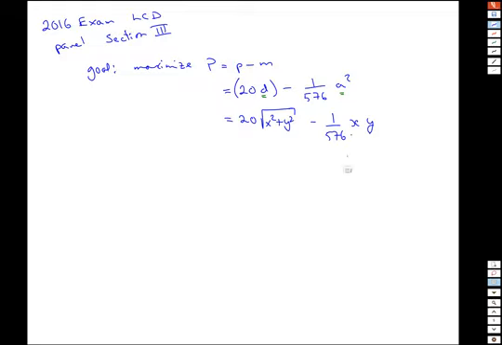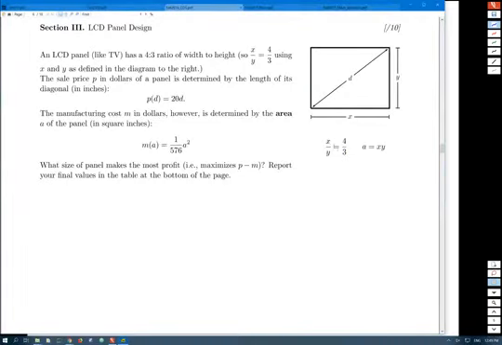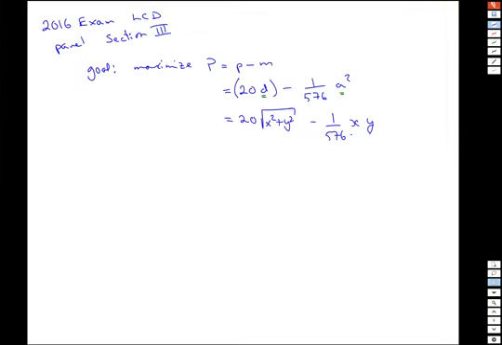We still have x and y, but we're also told that the ratio of those two is always going to be 4:3. So it's a 4:3 ratio television set. If that's the case, then we can turn x into 4/3 of y. That's probably the most straightforward way to do that.